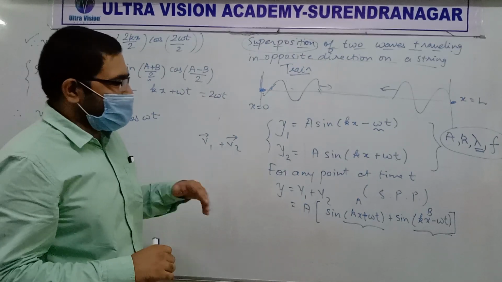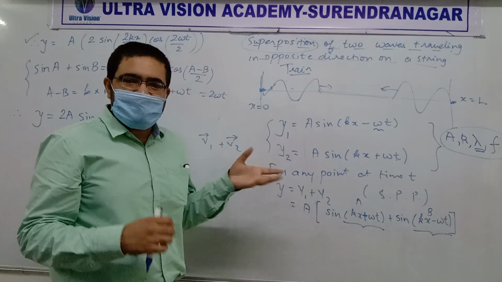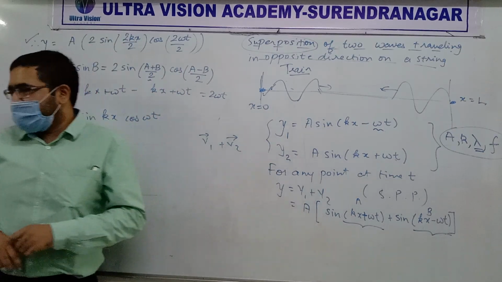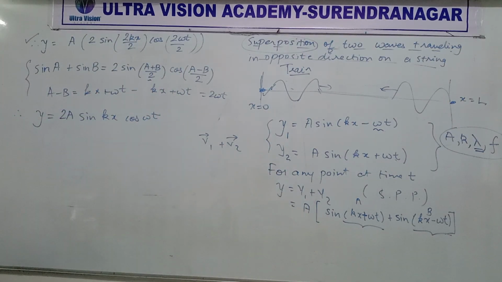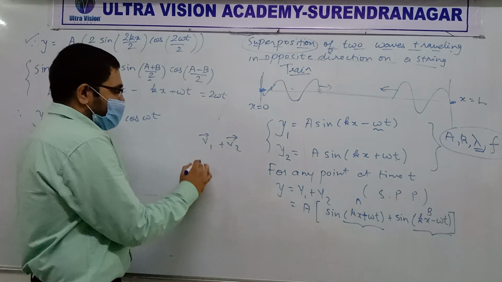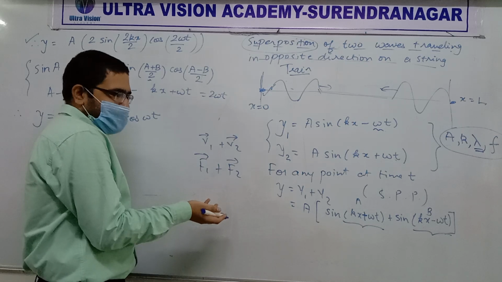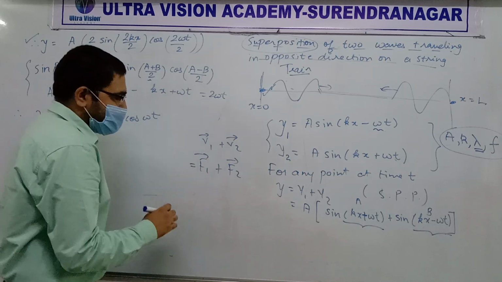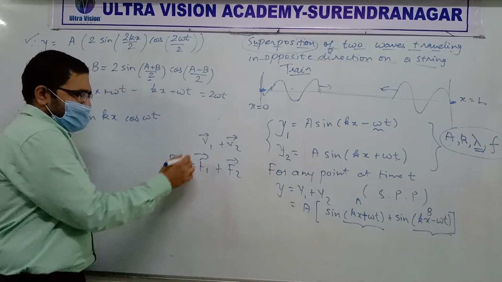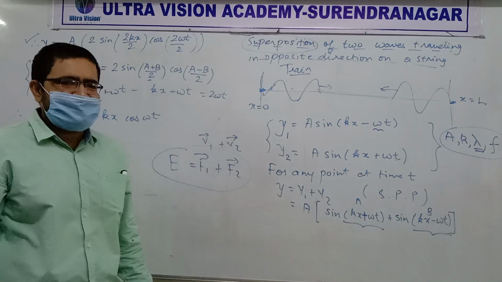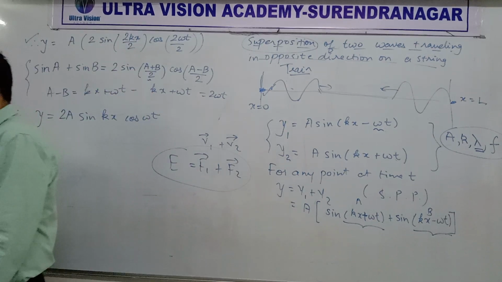Like that, addition of two waves is going to be a wave pattern. That's what we have in all superposition principles. I hope you all remember that. Addition of two forces is a force, isn't it? Correct or not correct?